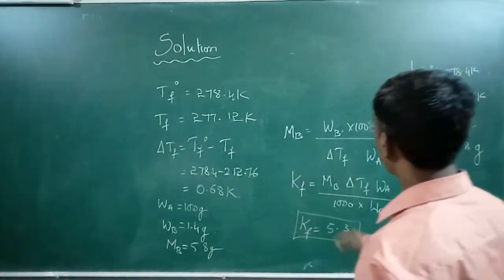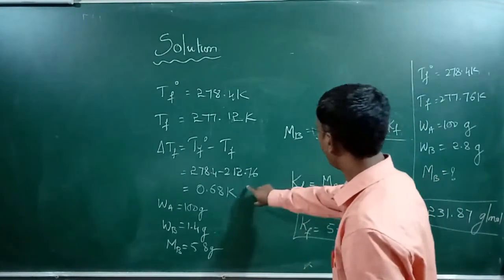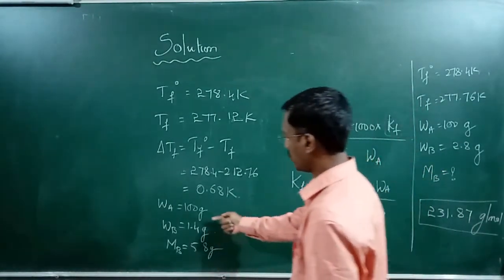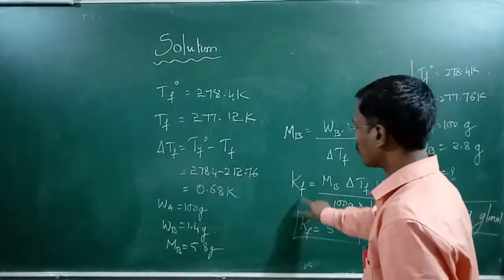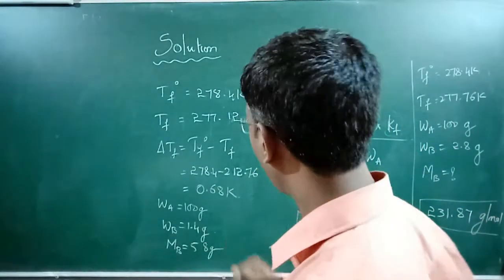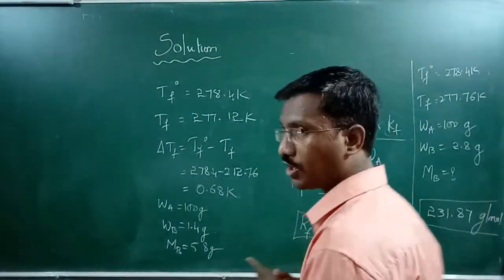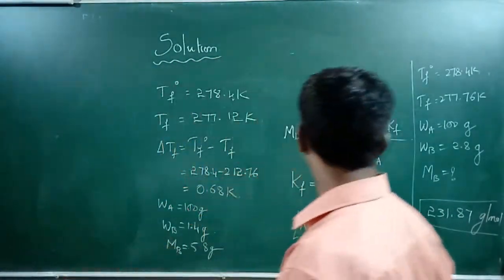Here they have given every data: MB, WB, delta TF, we know this one, and WA also, they have given the mass of the solvent. Using this data, first we have to calculate the freezing constant. Using this freezing constant, again we have to calculate the mass of the unknown solute. That's why they have given WA.